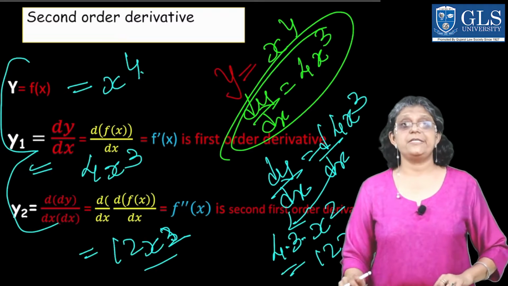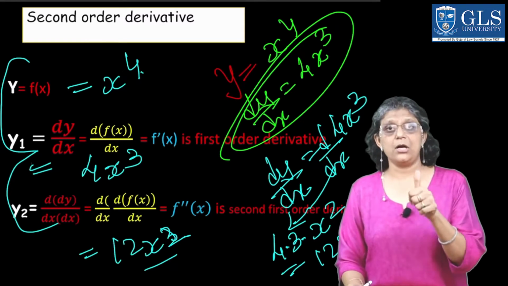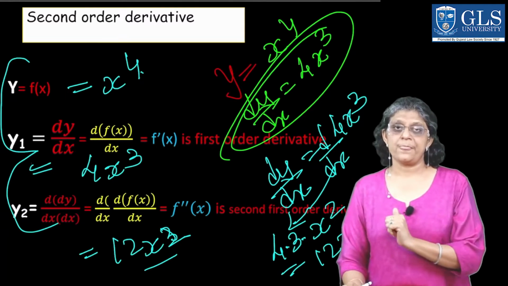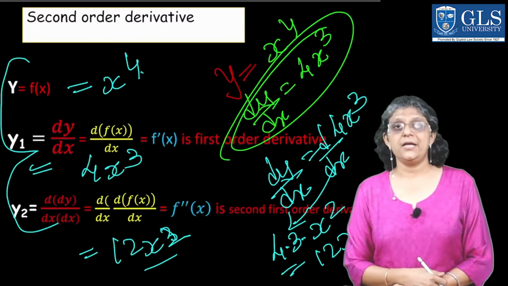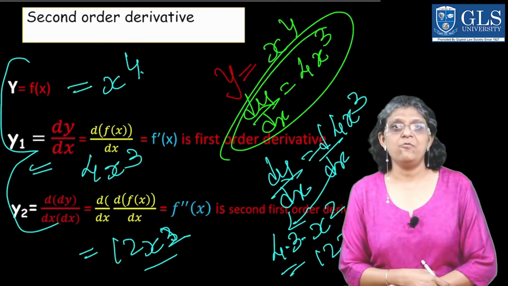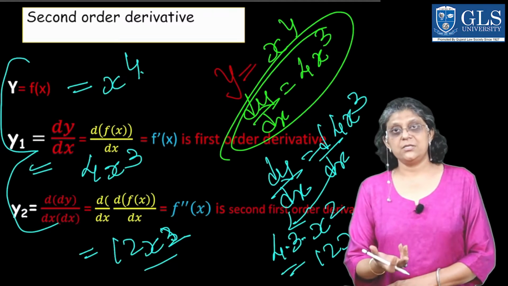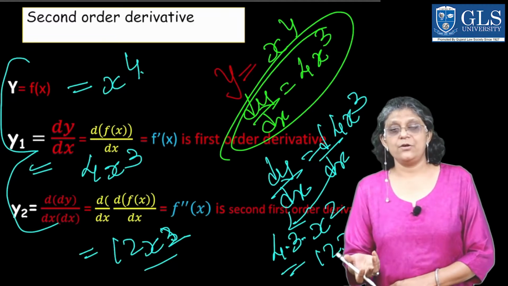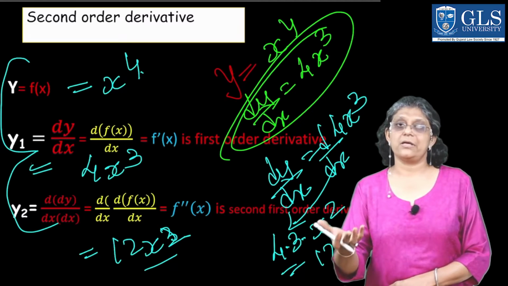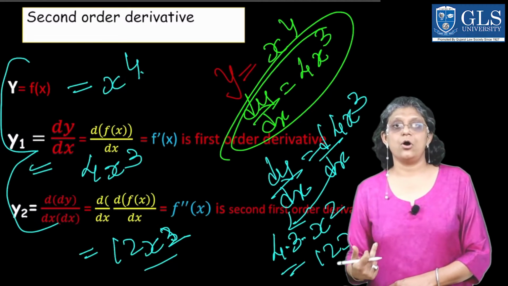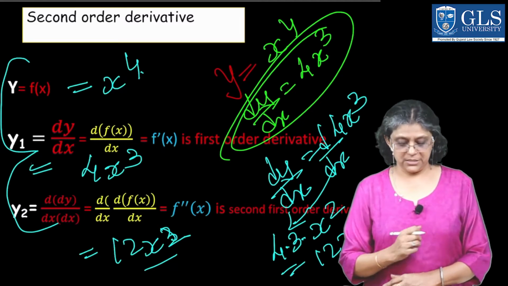When we take the derivative of a derivative, that is called the second order derivative. That is useful for finding the maximum and the minimum value for a given function, for profit and marginal cost, marginal revenue. When we have to maximize, that time we make use of the second order derivative.